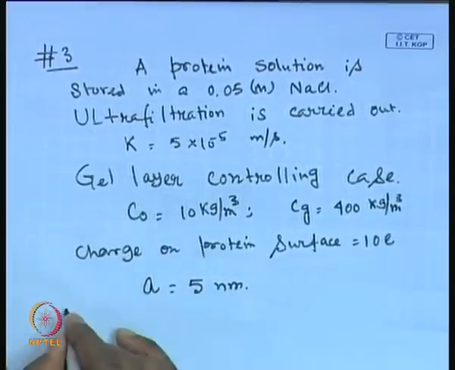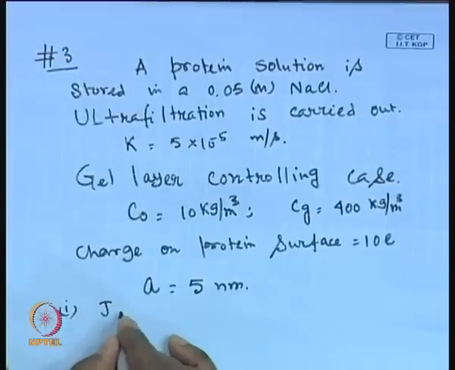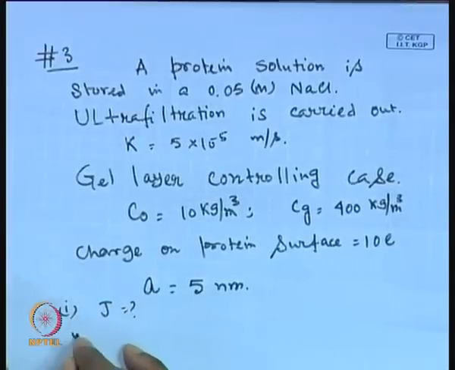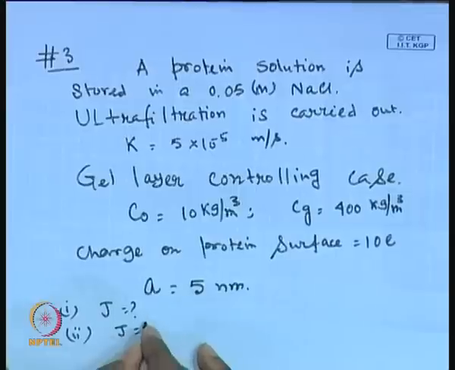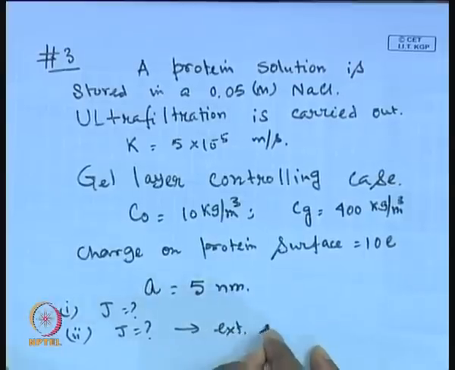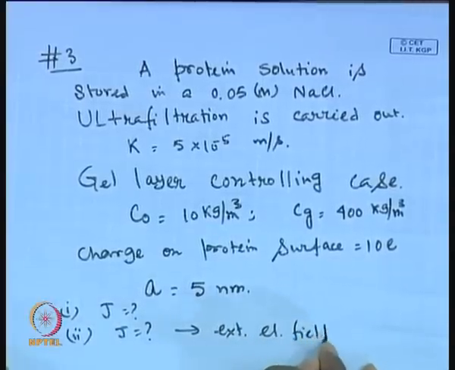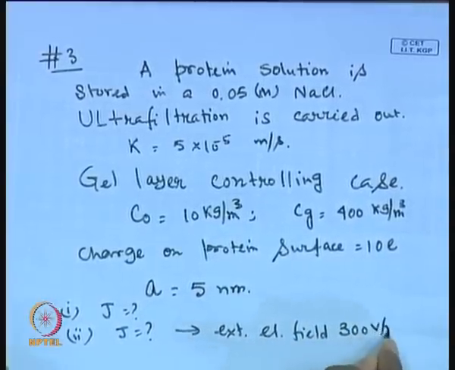Again, we have to find out the permeate flux, and the permeate flux under the external electric field, when the external electric field is 300 volt per meter.